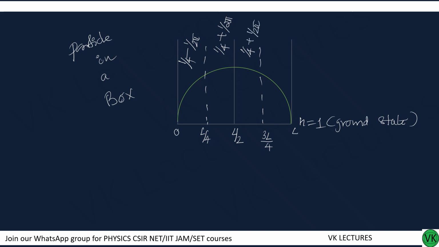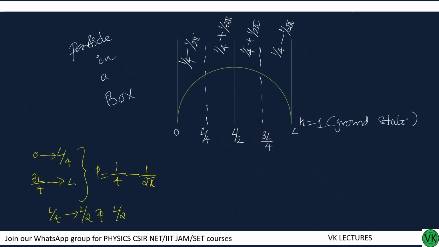And in this area, it will be 1 by 4 minus 1 by 2 pi, the same expression as from 0 to L by 4, and from 3 L by 4 to L, the end areas. All these probabilities are equal to 1 by 4 minus 1 by 2 pi. And just in between, that is L by 4 to L by 2 and L by 2 to 3 L by 4, the probability will be P is equal to 1 by 4 plus 1 by 2 pi.